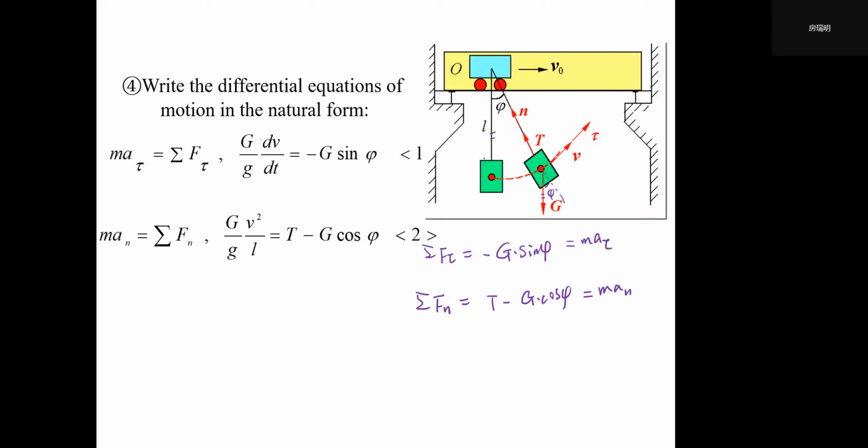So we should have a tau and a n, then we can find T, right? So from this second expression, can you guys find this? We find this T because along the n direction, its acceleration a n should equal v squared over rho, right?